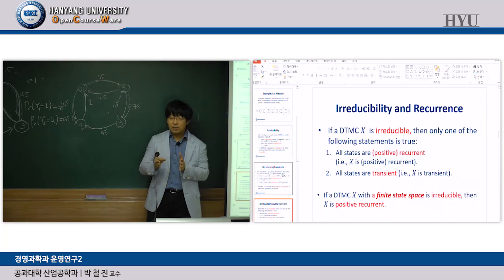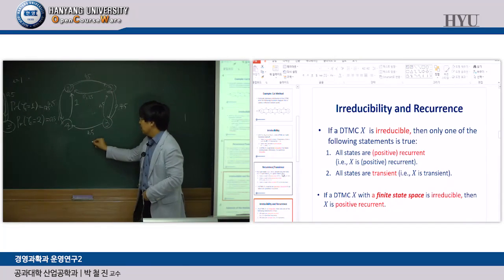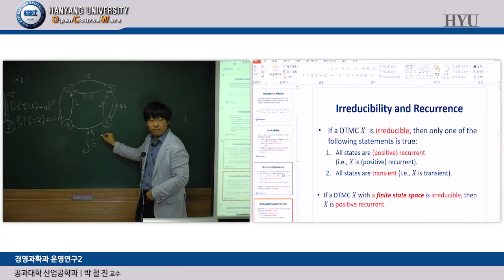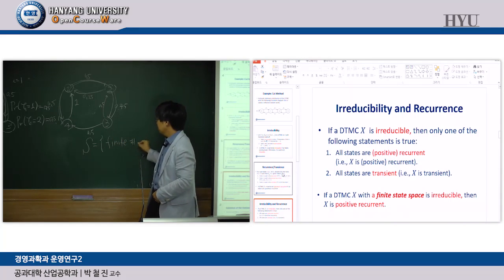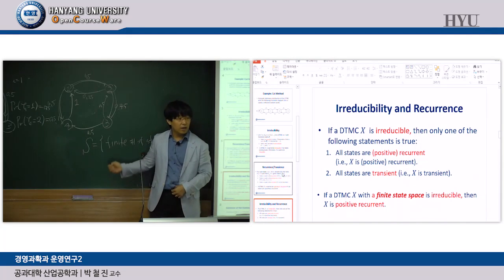This state space includes finitely many states. I mean, this S includes a finite number of states. Mainly, we are considering such cases. But when we consider random walks, the state space is defined from negative infinity to infinity.